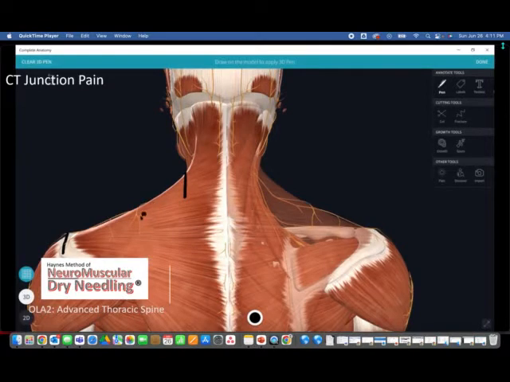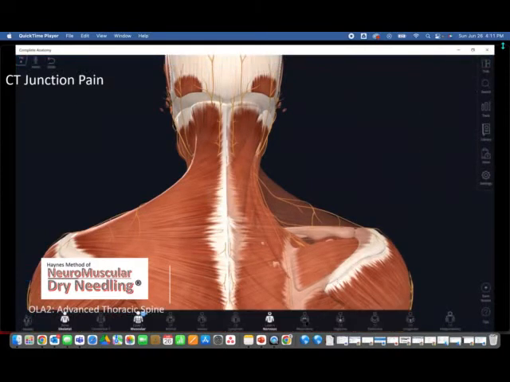So right about here will be our target. Let me go ahead and clear that. Will be about here. Then we want to be adjacent to C6. So here is C7, the spinous process C7. So C6, we could be one finger breadth to either side there. And then also we had gone through T4, one finger breadth lateral from the spinous process of T4. And so that would be our primary needle location.